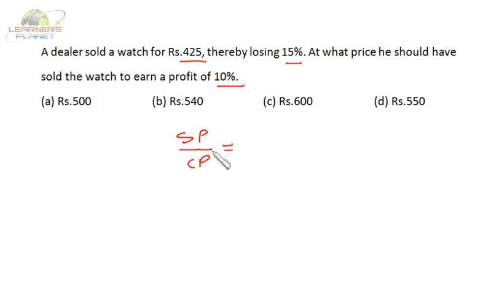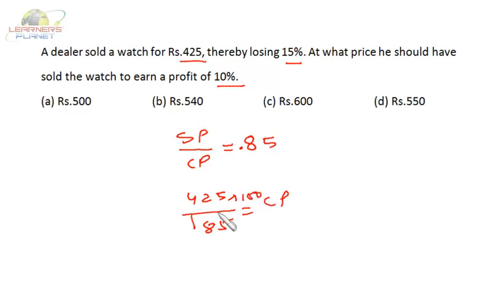Here SP by CP ratio is 0.85 since he is making 15% loss. Okay, so it's 0.85. Now we are given SP, that is 425. So we can calculate CP. So 425 divided by 0.85 will be CP.